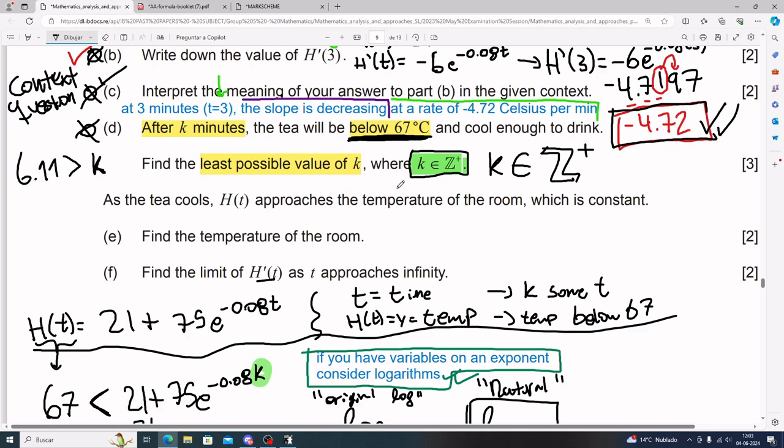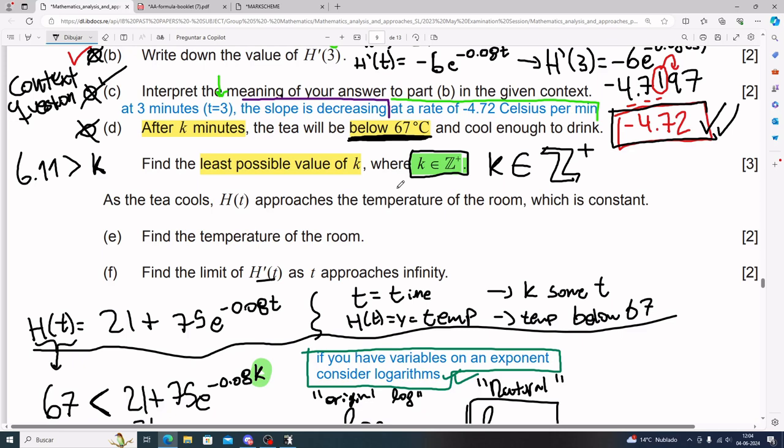Well, here it's saying that after 6.11 minutes, it will be below 67 degrees. Now, this is not saying 6 minutes and 11 seconds. It's saying 6 minutes and 0.11 minutes. Okay? So, important distinction there. Think about it this way, it's a little more than 6 minutes.